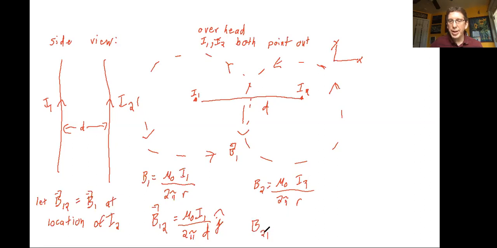But B21, the magnetic field due to I2 at the location of I1, has magnitude mu naught I2 over 2 pi d. But notice from the way it's circling, at the location of I1, the magnetic field is going to point down. So that's in the negative j hat direction. So the magnetic fields point in opposite directions, but we're not ultimately interested in the magnetic field. We're interested in the force.